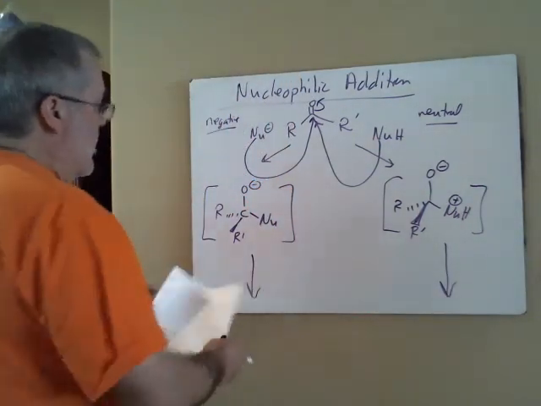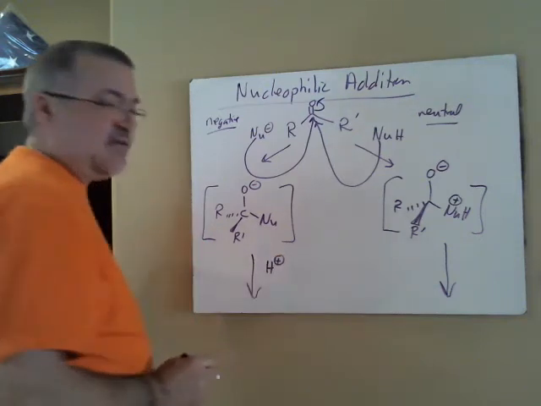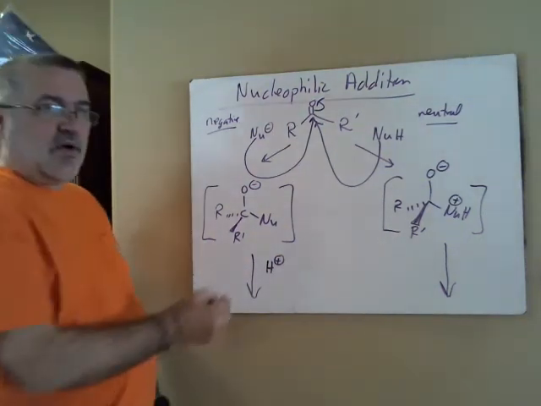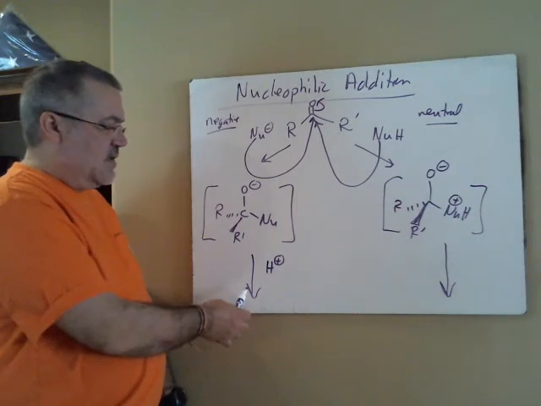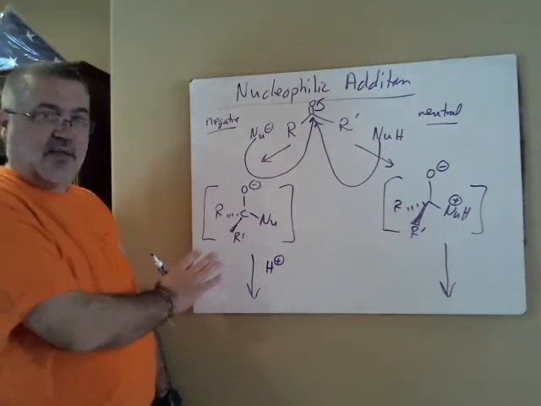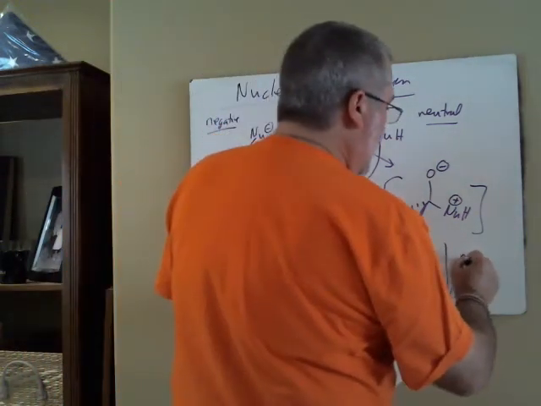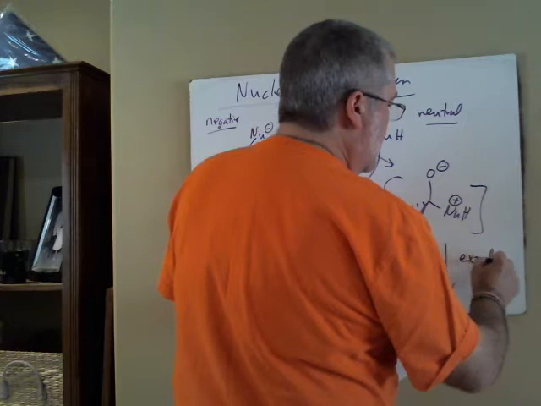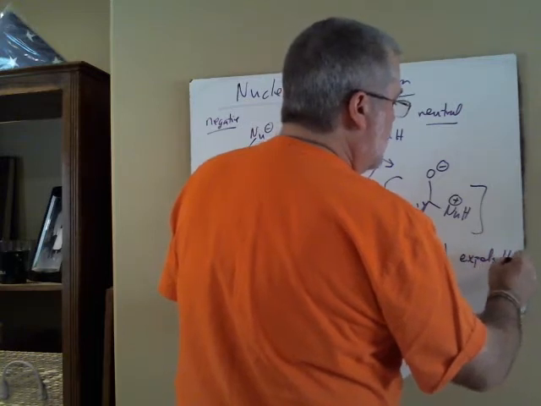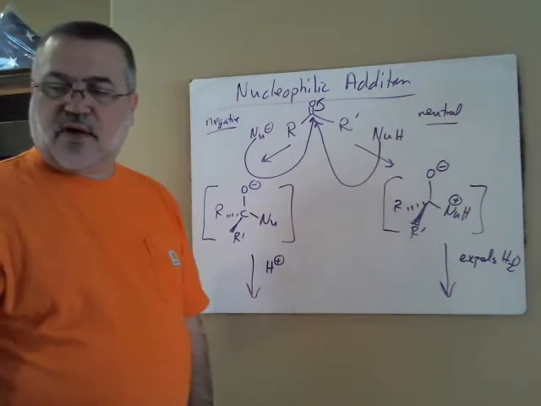Then each one of these things then does something a little different. Okay? In this particular intermediate, we saw that you just work this up with an acid. And when you work it up with an acid, you will get the alcohol as a product. And I'll show that in a minute. But over here, something different happens. It expels water. And it gives a slightly different result.